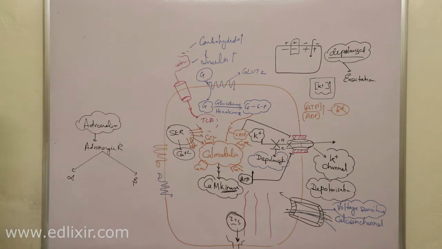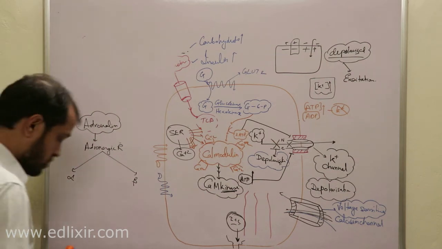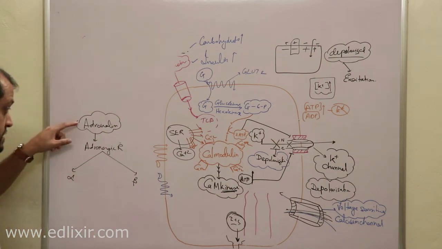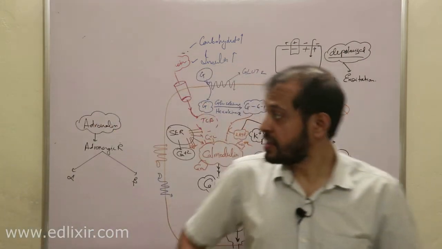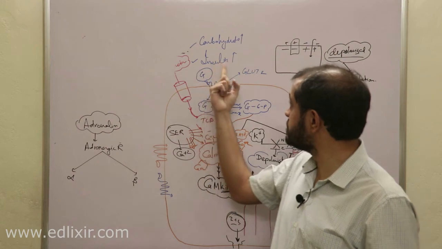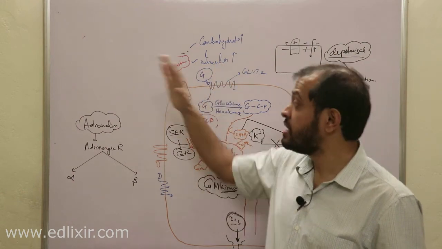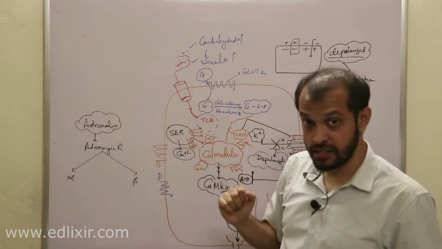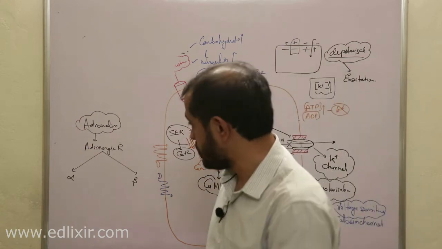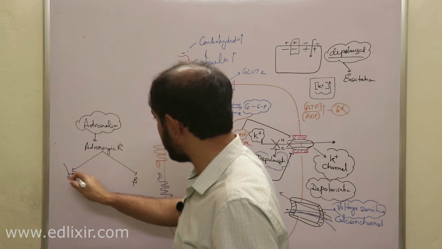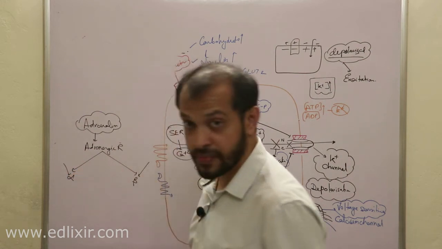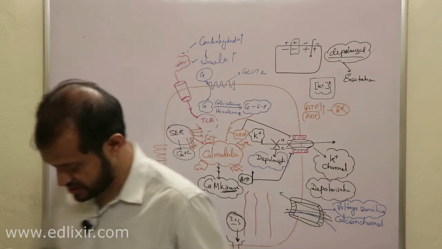A very important point you need to understand is this: if you want to really learn the effect of adrenaline on insulin secretion, you will first have to understand whether adrenaline binds with the alpha receptor or the beta receptor. Why? Because a very important point you need to understand is this.